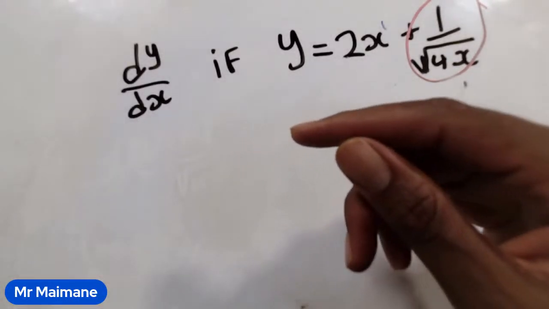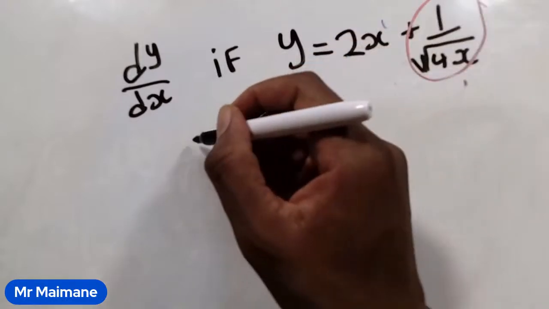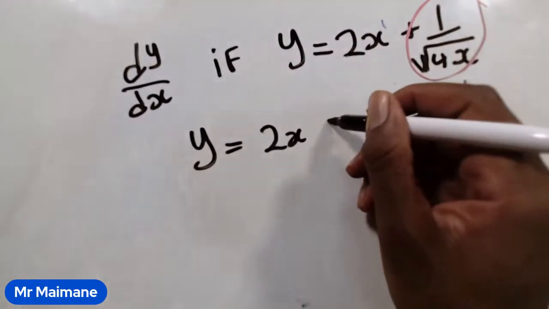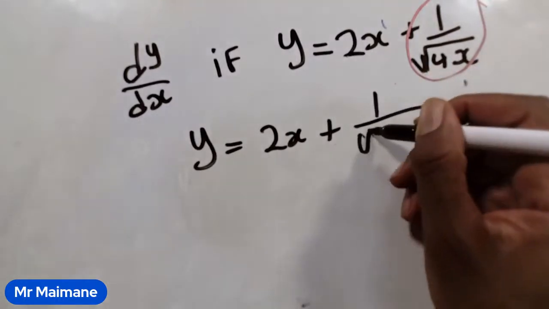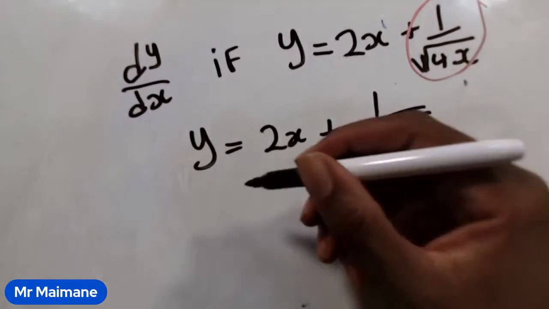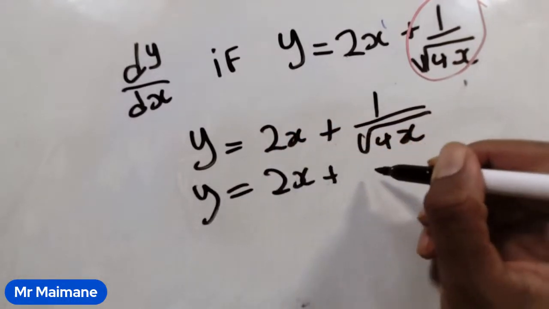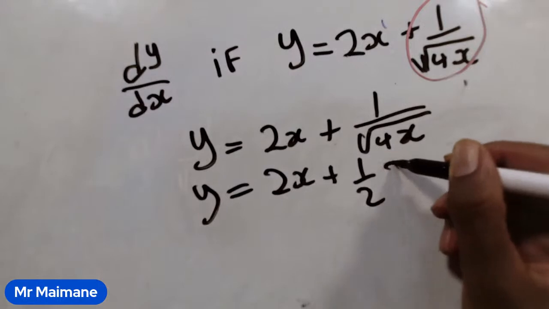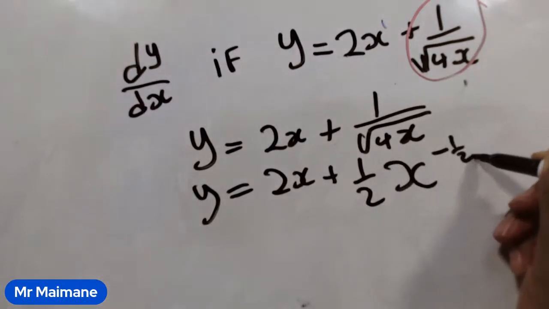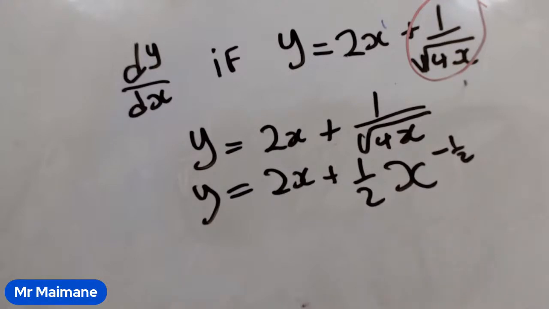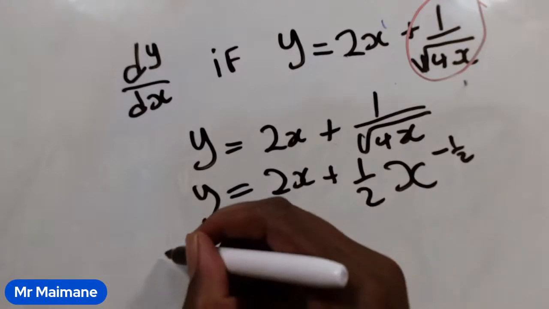So this implies that if I have y equals 2x plus 1 over square root of 4x, this is the same as y equals 2x plus 1 over 2x to the exponent minus 1 over 2. And then from here, I can differentiate and find my dy over dx.